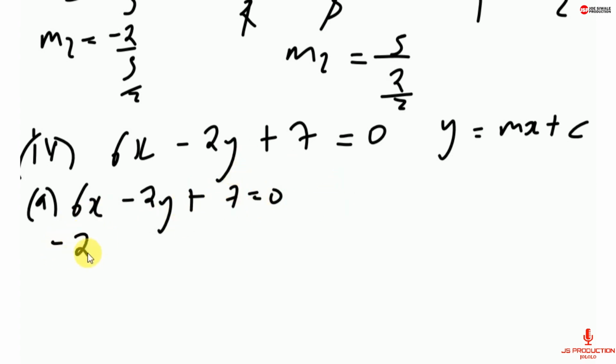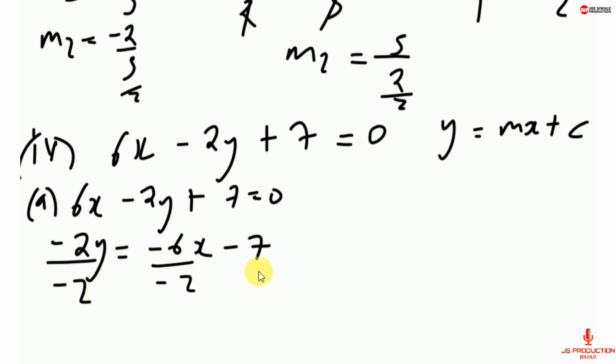So we're going to have negative 2y is equal to, when 6x goes to the other side of the equation, it's going to be negative 6x. Then when positive 7 goes to the other side, it's going to be negative 7. From that, we can divide by negative 2. So y is equal to negative 6 divided by negative 2, that's going to be 3x.